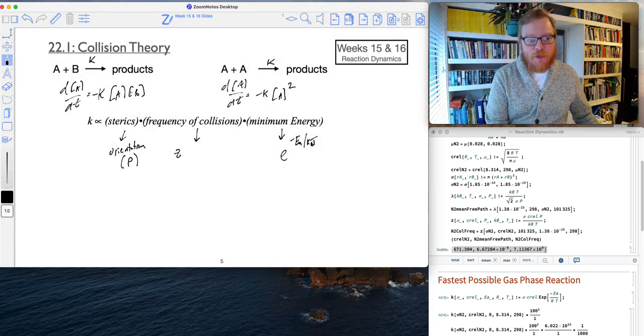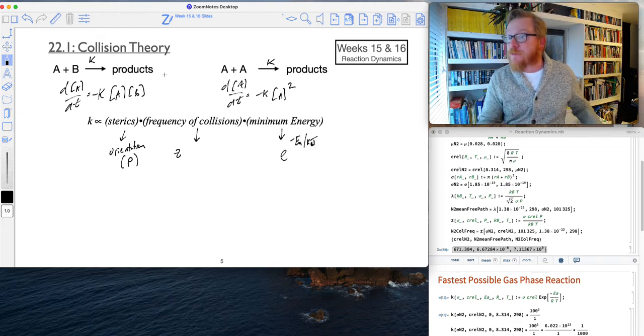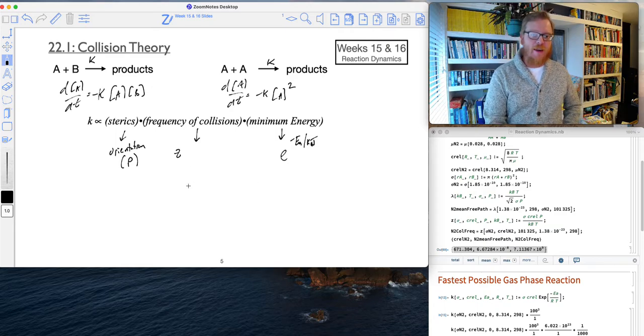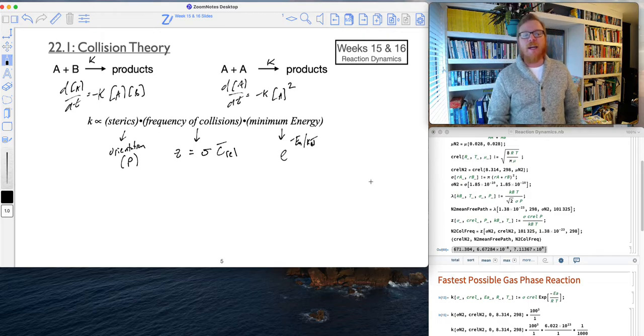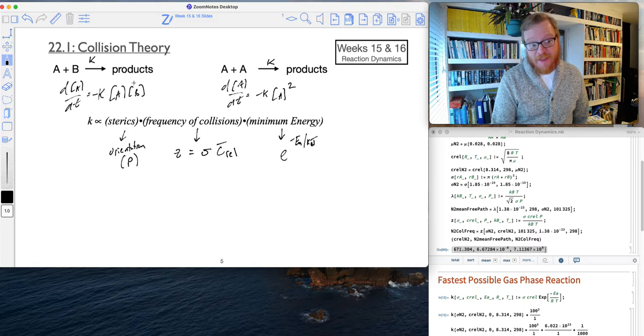So if you think about the way these units work out, what I really need on my frequency of collisions is simply sigma times c bar relative, because that missing P over kBT gets included in the concentration terms.